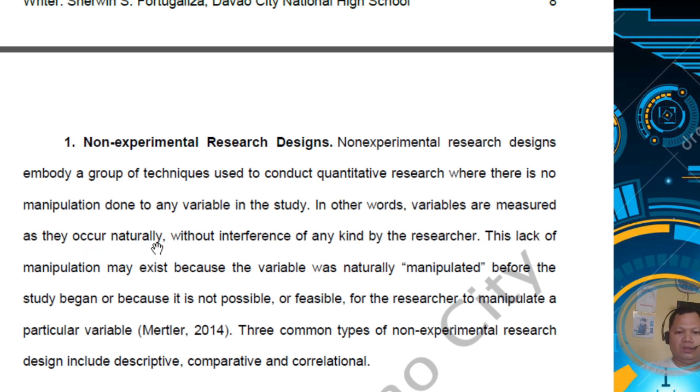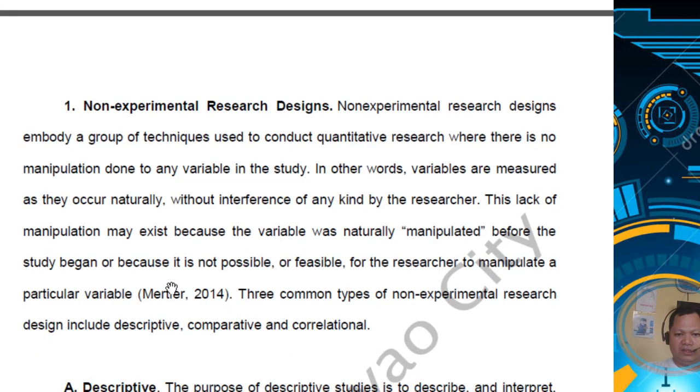This lack of manipulation may exist because the variable was naturally manipulated before the study began, or because it is not possible or feasible for the researcher to manipulate a particular variable.